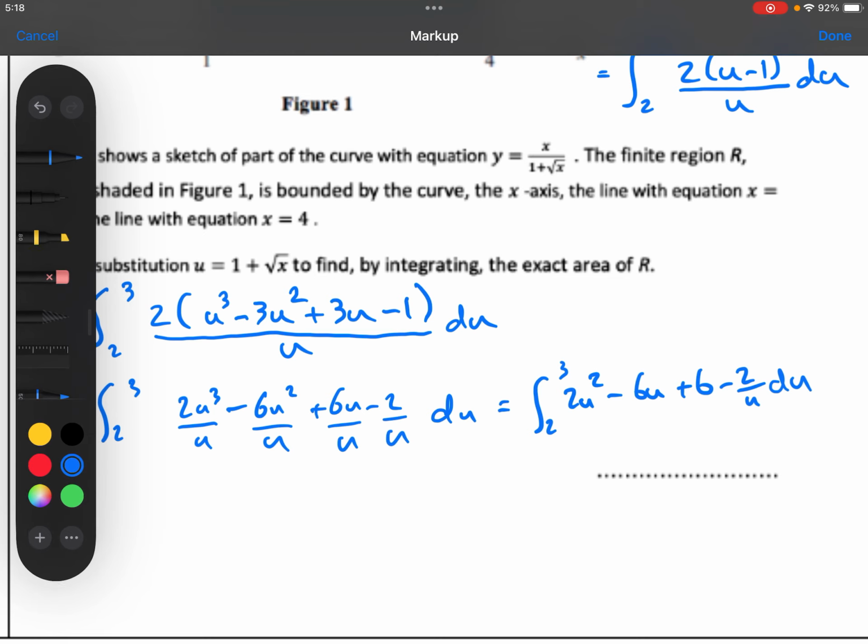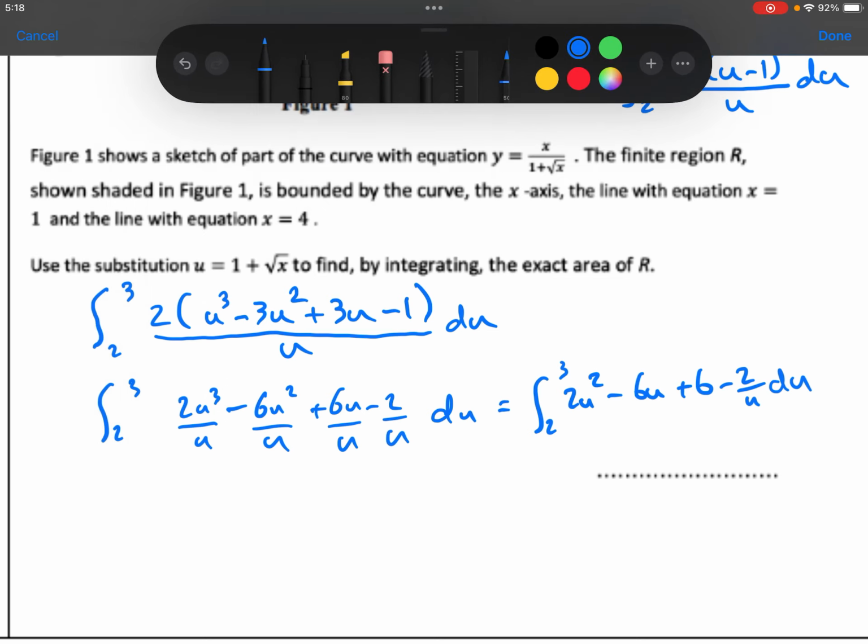Right, let's integrate each of those terms and then look at our limits. The 2u squared will integrate to be 2/3 u cubed. The 6u will integrate to be 3u squared. The 6 will integrate to be 6u. And the minus 2 over u will integrate to be minus 2 ln u.